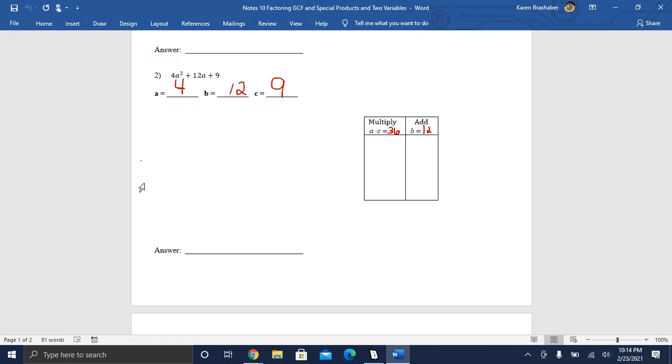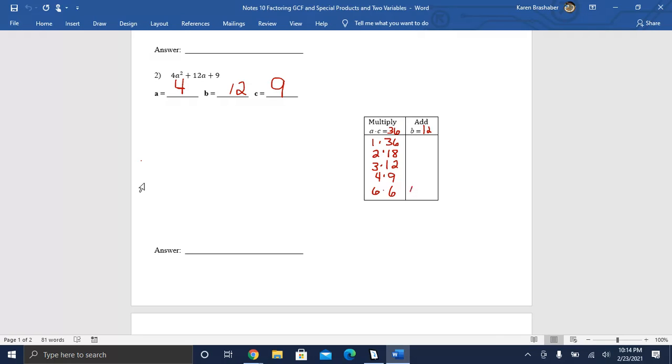So as we think about 36, we've got 1 and 36. We've got 2 and 18, 3 and 12, 4 and 9, and 6 and 6. All of these will multiply to give us 36.